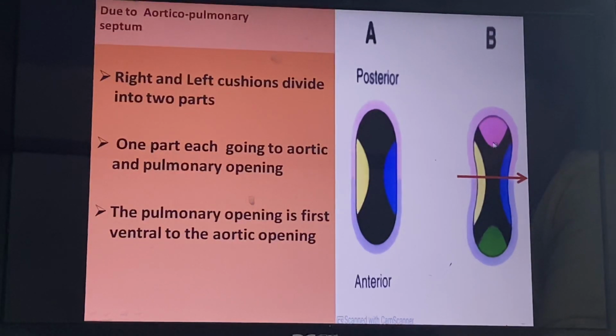In the other segment, 2 are lying anteriorly and 1 posteriorly. One part each goes to the aortic and pulmonary opening because of the formation of the spiral septum, and similarly in the bifurcation the pulmonary opening is first ventral to the aortic opening, as you can see in diagram B. So that is very much clear to you.